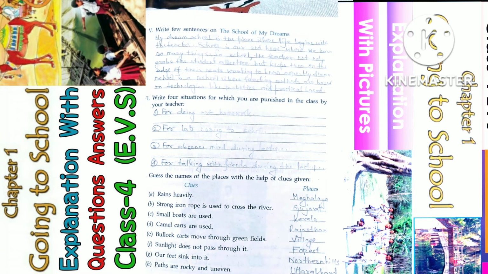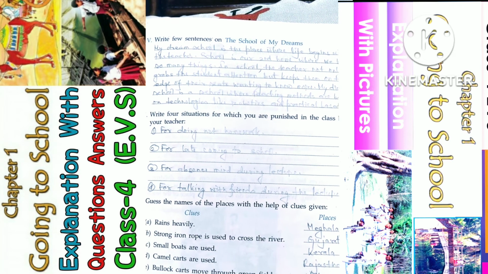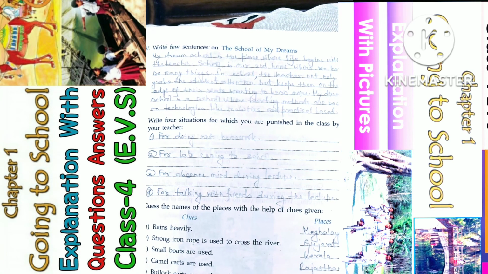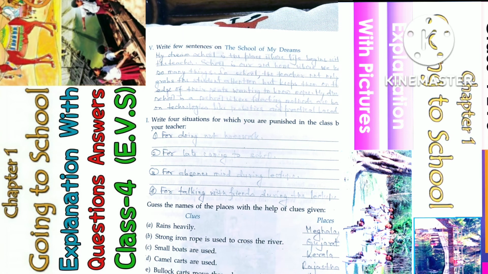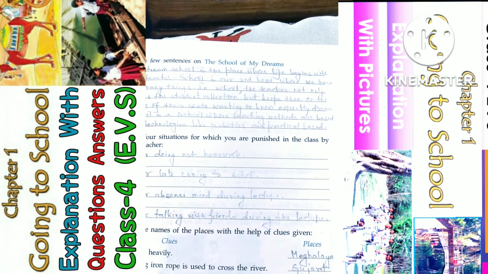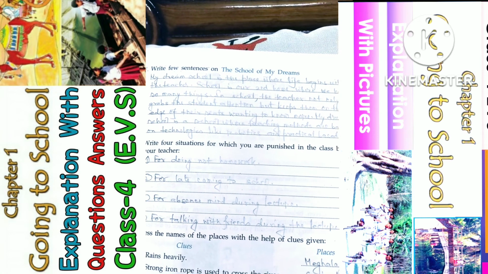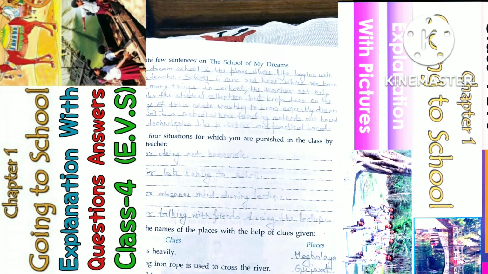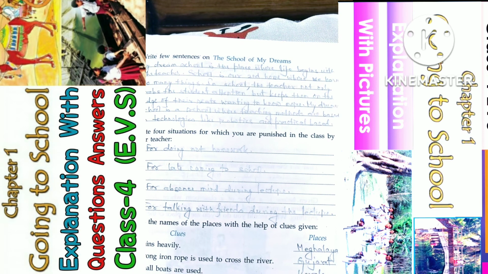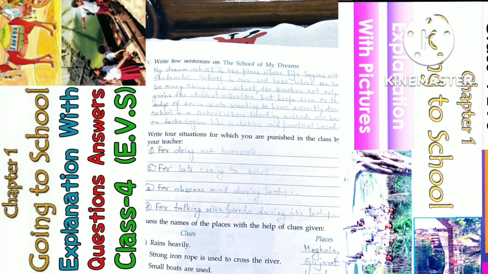My dream school is the place where life begins with the teacher. School is our second home where we learn so many things. In school, the teacher not only grabs the student attention but keep them on the edge of their seats, wanting to know more.